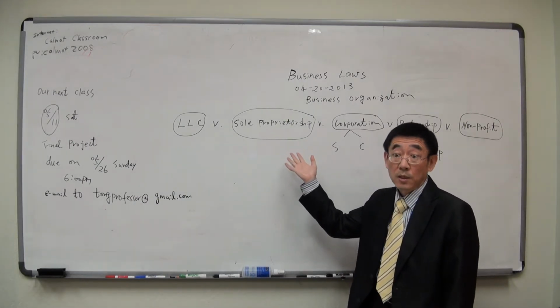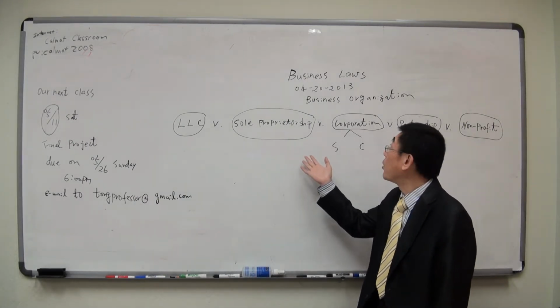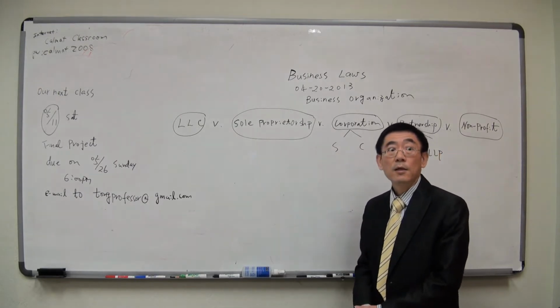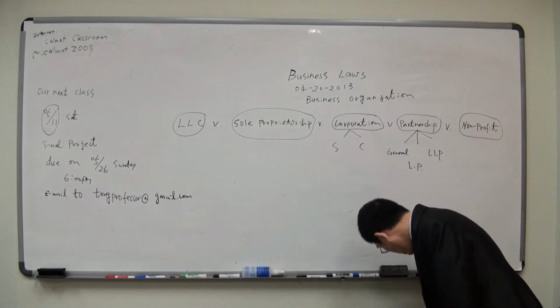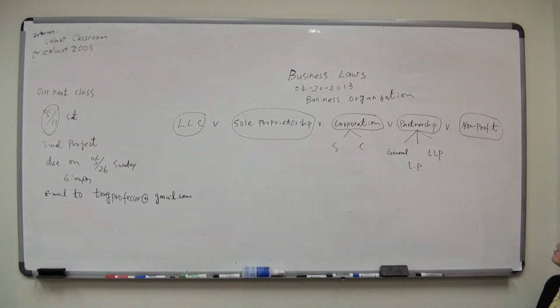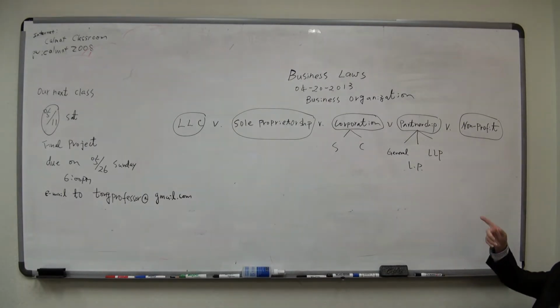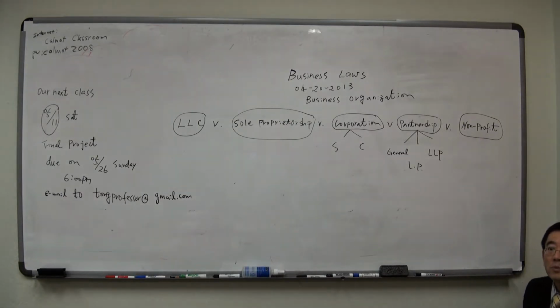This is the majority, I believe. Then we'll talk about corporation, and there are 2 types: S corporation versus C corporation. And we'll talk about partnership. Eventually, LLC is one type of partnership. We have 3 different types of partnership: general, limited partnership, and limited liability partnership.